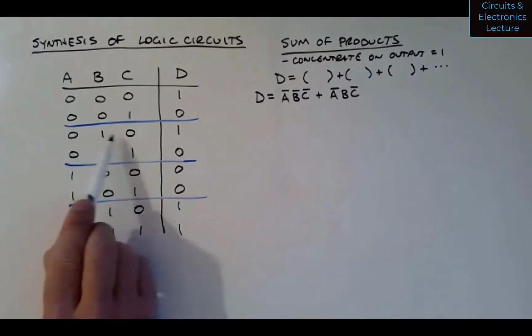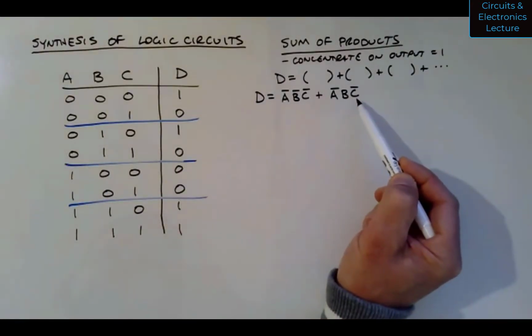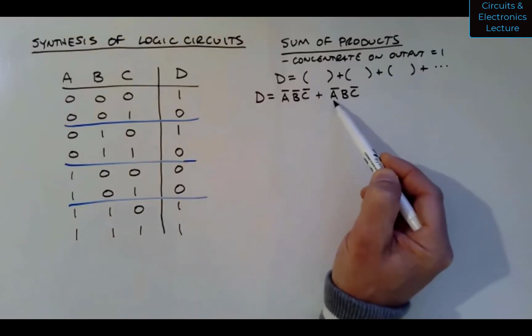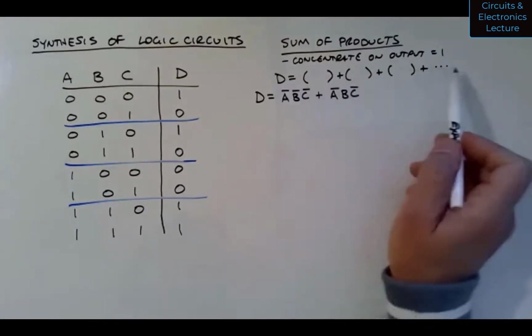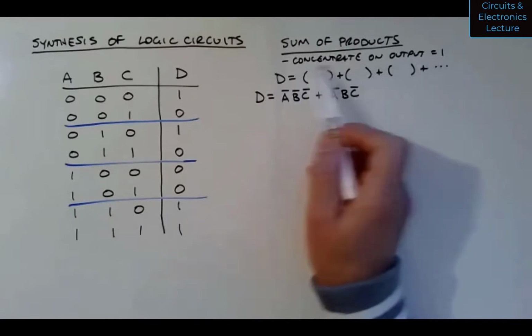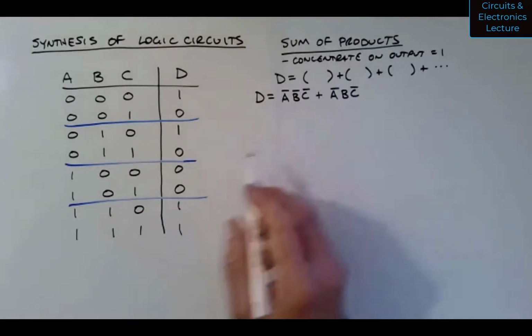So when this set of inputs happens, A is 0, B is 1, C is 0, I will get 1 ANDed with 1, ANDed with 1. That's a 1. And again, it doesn't matter what the other inputs are, the other terms in this sum of products. I will get a 1 for D. So you keep going down.